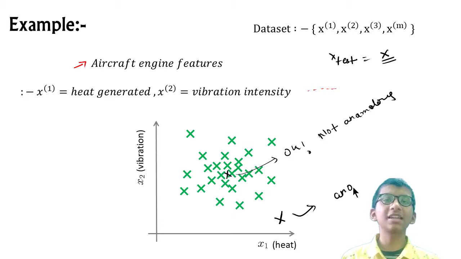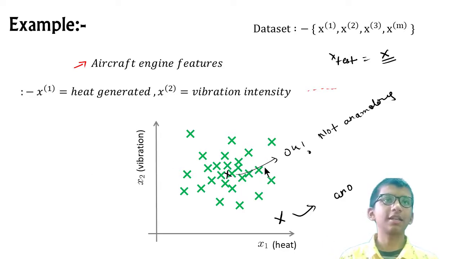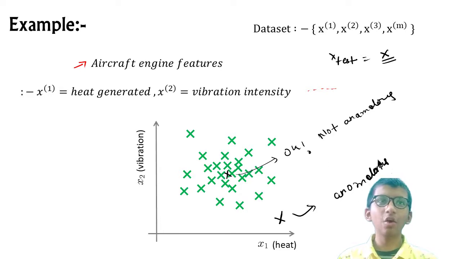We'll talk about the density estimates in just a second. So this one is anomalous and this is okay, or not anomalous, because it's a kind of outlier.